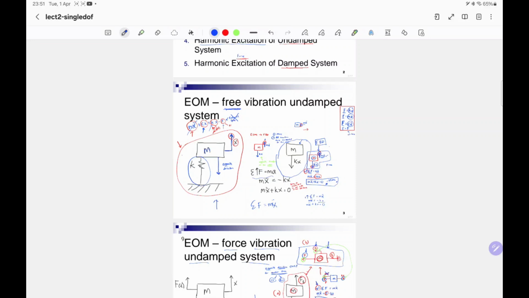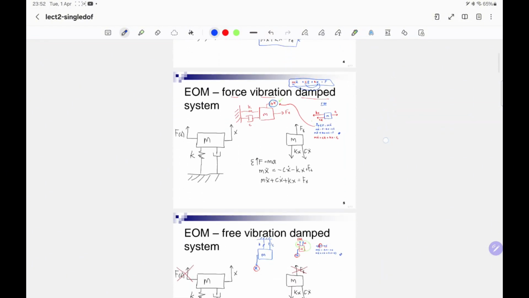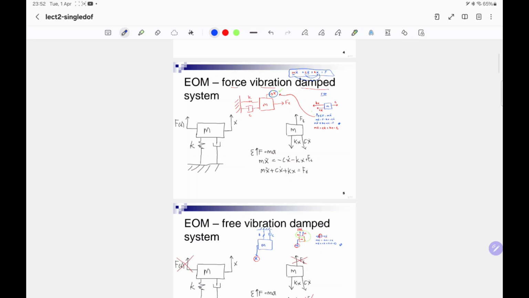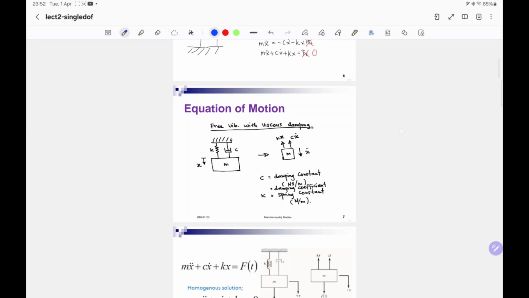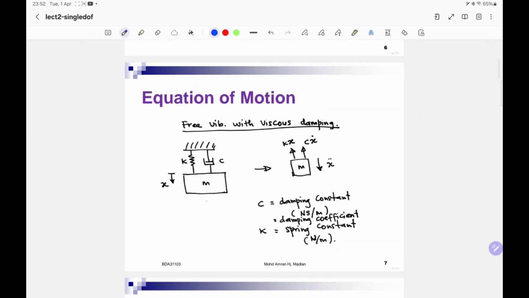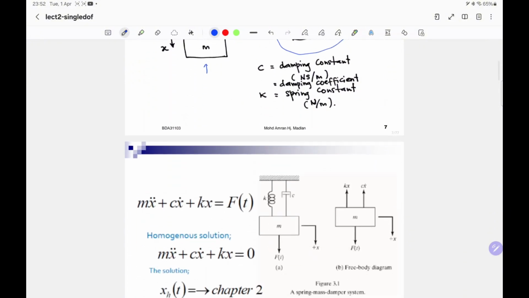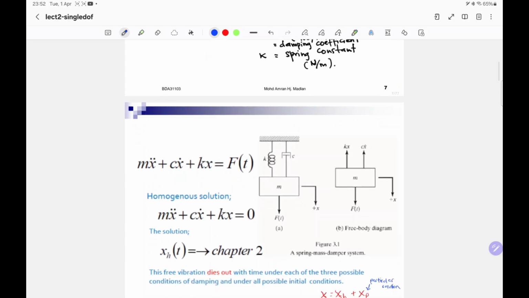So we have looked at how to develop the equation of motion for free vibration undamped system, forced vibration undamped system, forced vibration damped system, and free vibration damped system. As I mentioned earlier, generally from this equivalent spring mass diagram we use the free body diagram, and then by using Newton's second law we can develop the equation of motion.